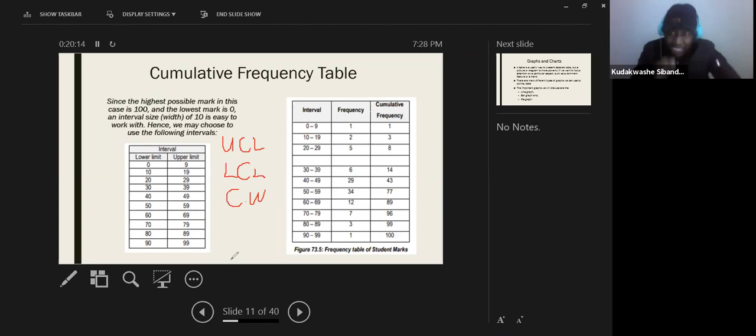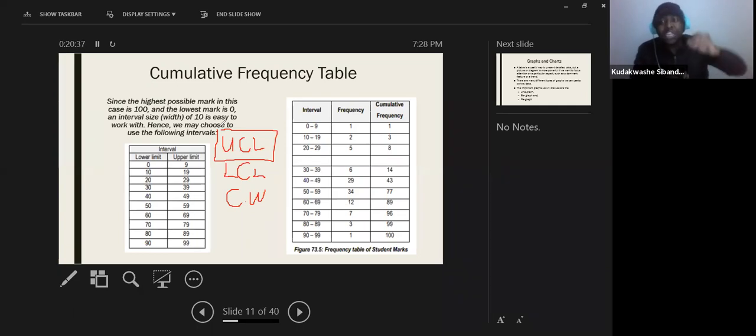So there is a particular way for you to calculate the class width, right? You can either use upper class limits only or lower class limits only. So let's start with upper class limits only as a way of calculating the class width. What you need to do is identify two adjacent classes.